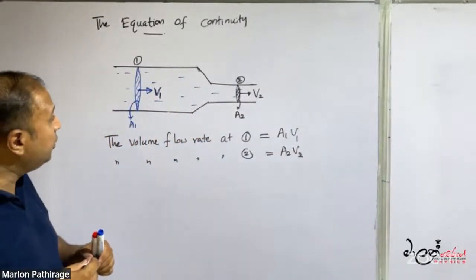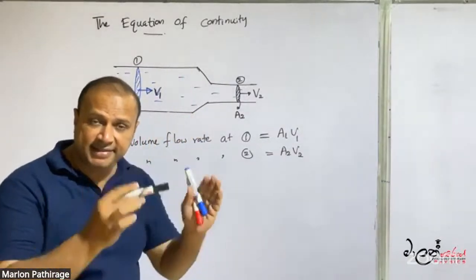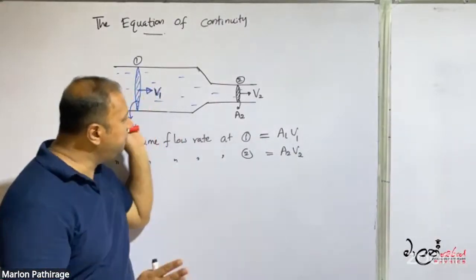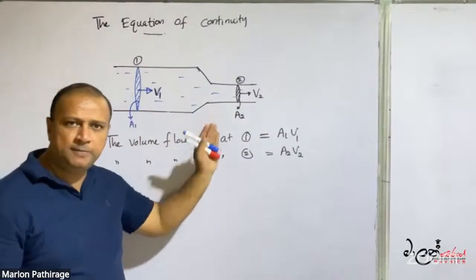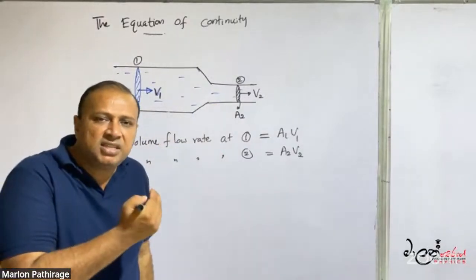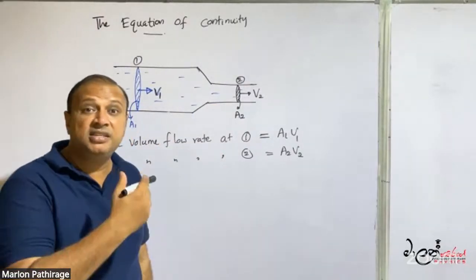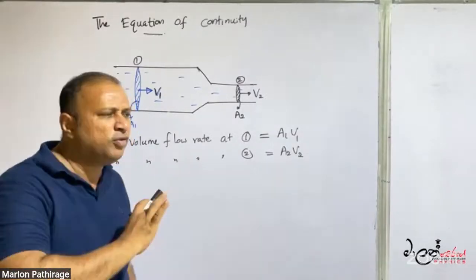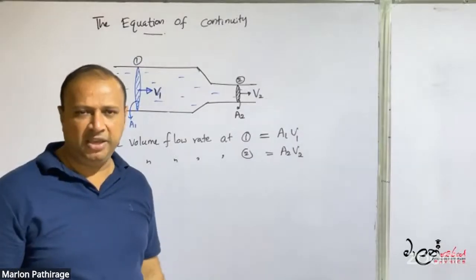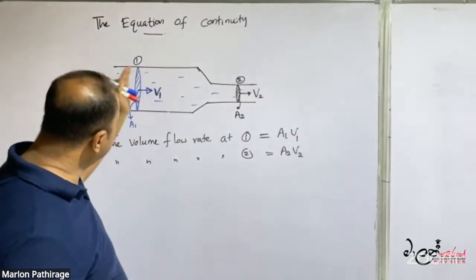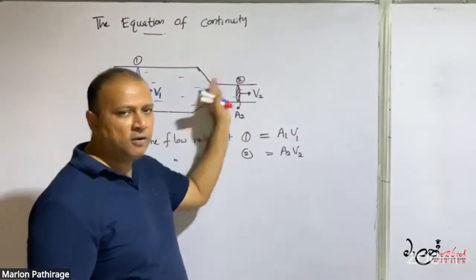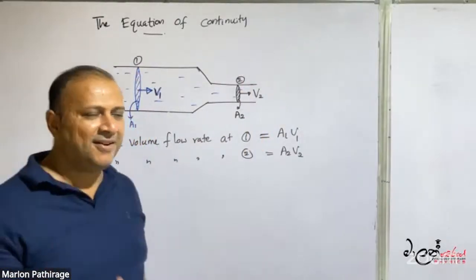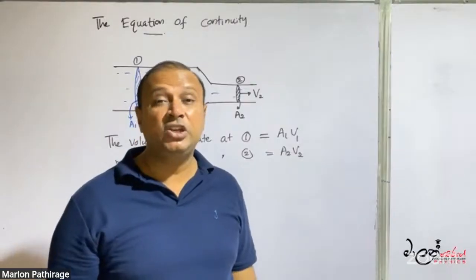To keep this fluid flow as a steady state fluid flow, without any turbulent condition, definitely this volume rate should be equal to this volume rate. That is called equation of continuity.